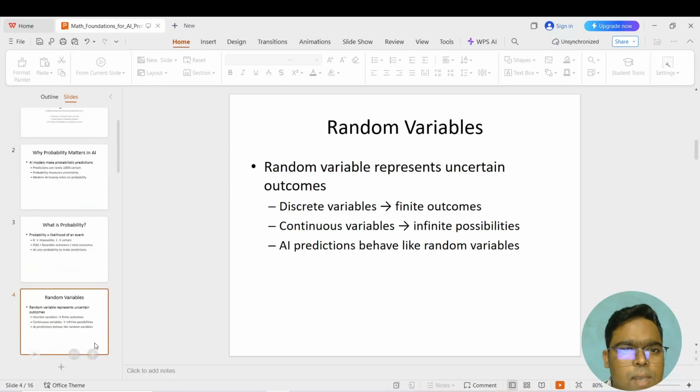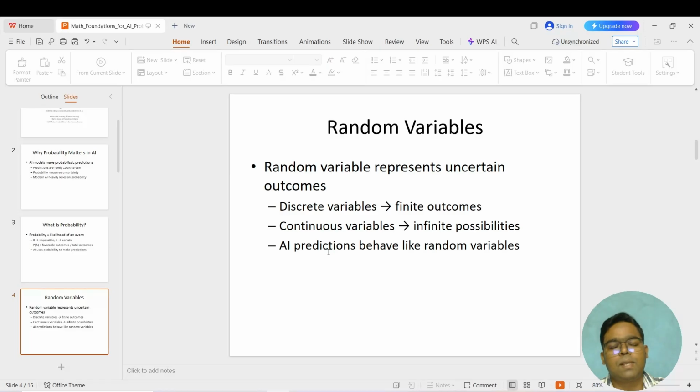Now let's see random variables. Why are they so important? In computer science, a random variable represents an uncertain outcome, right? As an example, let's say X is the mass of a random animal in a zoo.